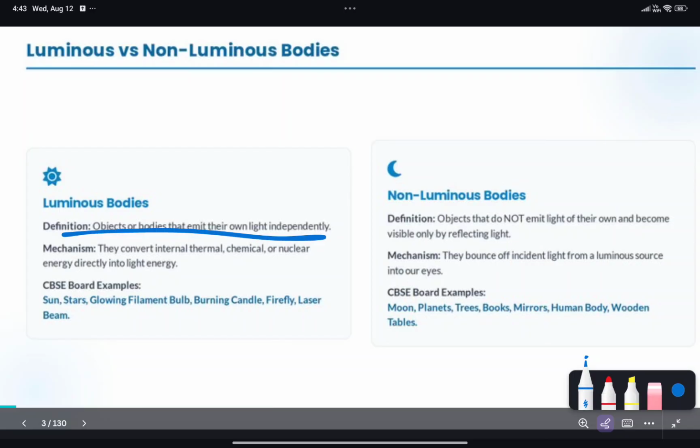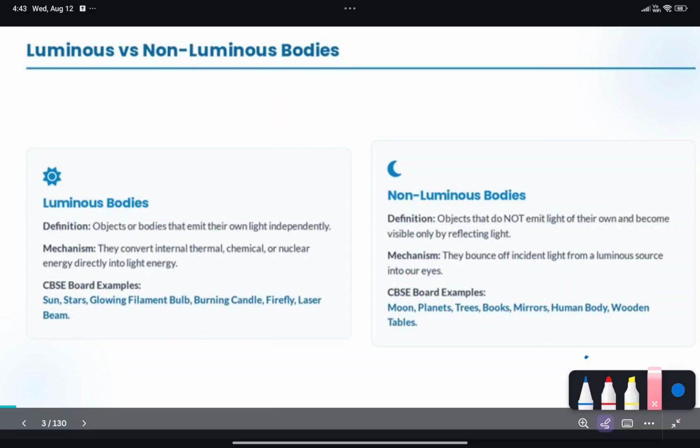What is meant by the non-luminous bodies? Objects or bodies that do not emit light on their own and become visible only by reflecting light. Yes or no? For example, we are able to see planets in our solar system, in our universe. Why?